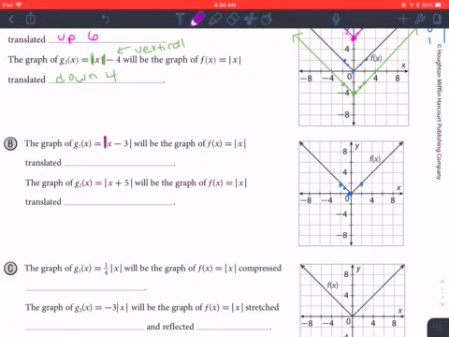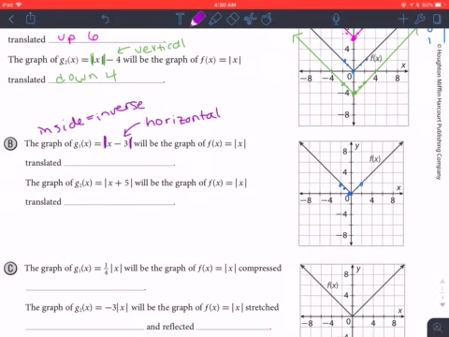Notice that minus 3 is inside the absolute value signs, so that's inside the function. So that's going to be a horizontal shift. Also remember, inside is inverse, so that means it's the opposite of what you would expect to happen.